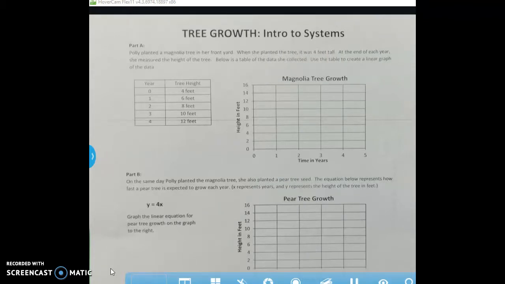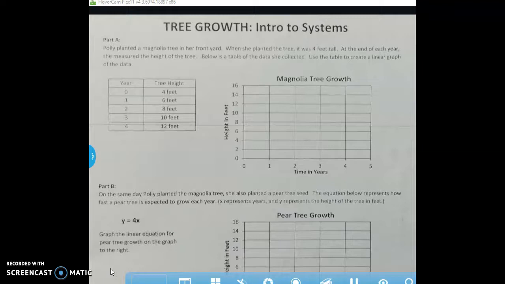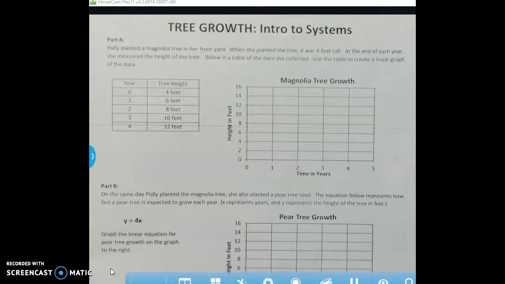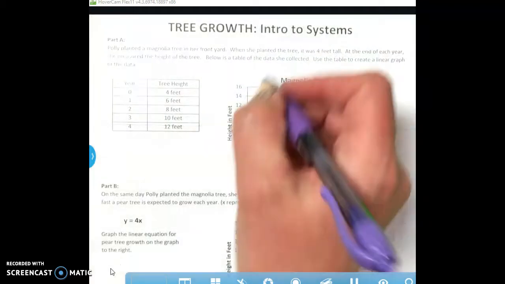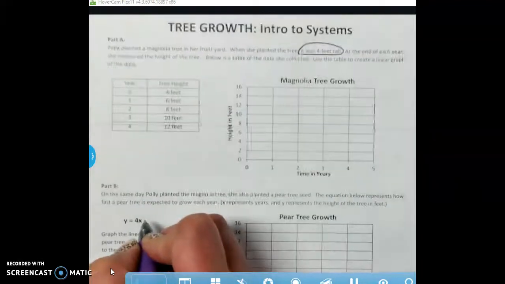So for our first example, I'm going to zoom in a little bit. Polly planted a magnolia tree in her front yard. When she planted the tree, it was 4 feet tall. So before there was any growth, this tree was 4 feet tall.